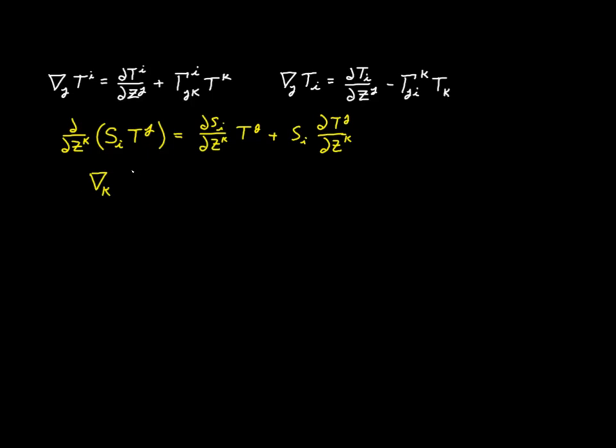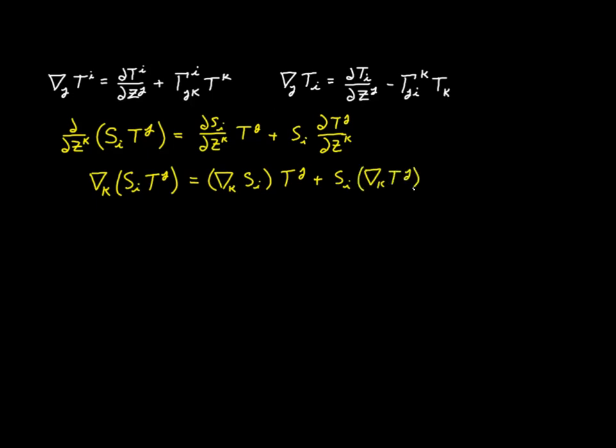The covariant derivative of S^i T^j, if we were going to apply a product rule to this, it would be the covariant derivative with respect to k of S^i times T^j plus S^i times the covariant derivative of T^j.